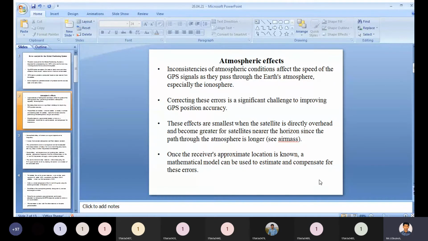Fine. So if you want to correct these atmospheric errors, tropospheric and ionospheric errors, these two errors are a significant challenge to improving GPS position accuracy.